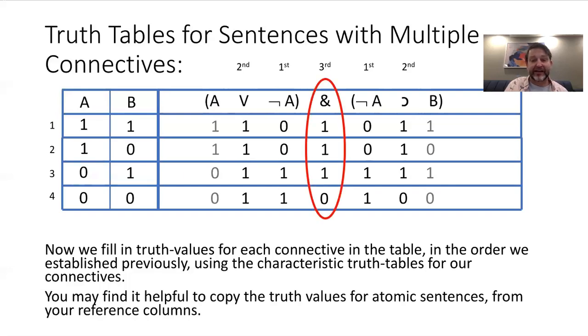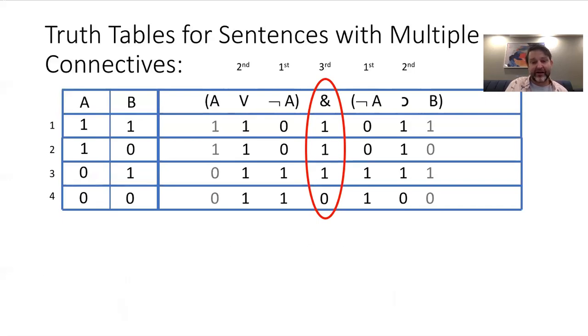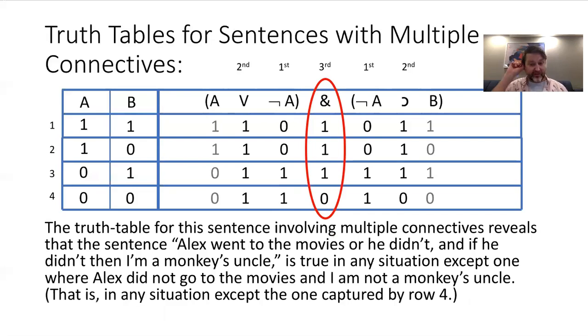This, again, is the row that identifies the truth value of this complex sentence. And the truth table for this sentence involving multiple connectives reveals that the complex sentence, Alex went to the movies or he didn't, and if he didn't, then I'm a monkey's uncle, is true in any situation except one, and that's where Alex did not go to the movies and I am not a monkey's uncle.